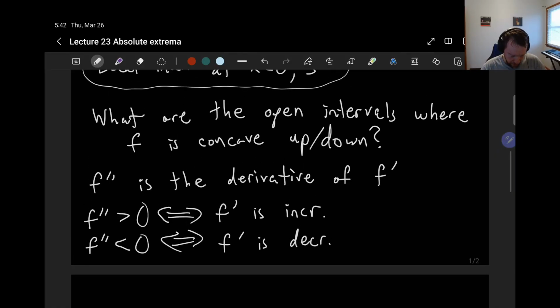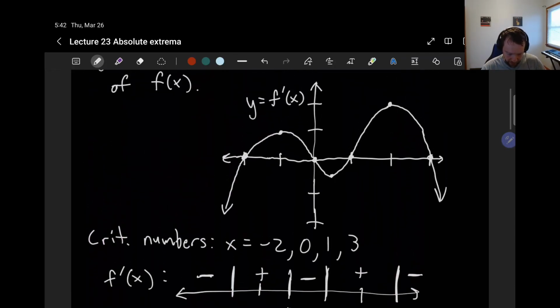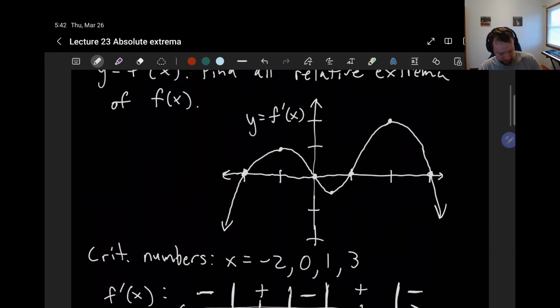So the problem basically boils down to: I look at my graph of f prime, and look at where it is increasing and where it is decreasing. Well, we're going up along here until we hit -1. Then we're going down until we hit this point, which I will tell you is (1/2, -1/2). This point right here.